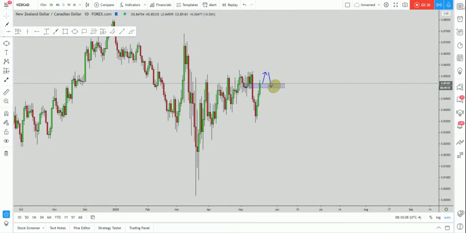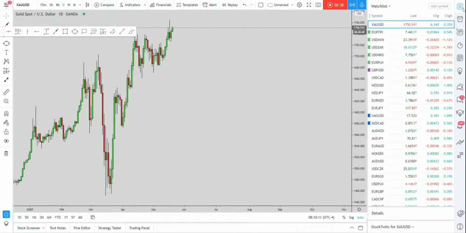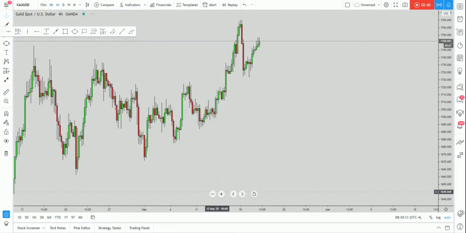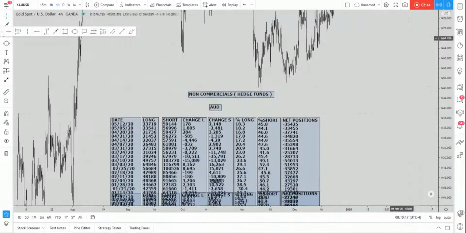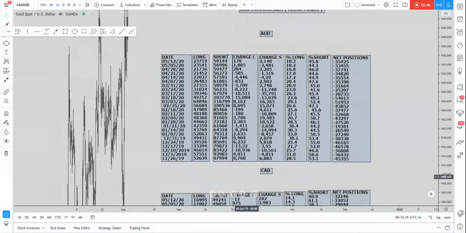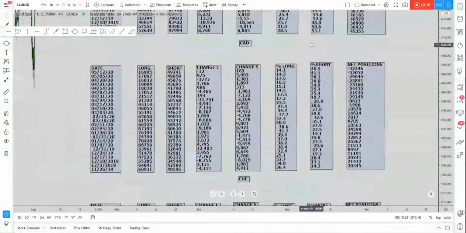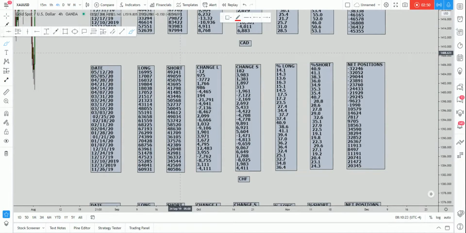Now, first of all, let's go and see what we have from a COT perspective. So what hedge funds are doing at the moment from a CAD point of view, because it's definitely interesting and I want to show you. So from a CAD perspective, what we can see with the last reports is that hedge funds have continued to add many shorts from a CAD point of view. In fact, net positions are pretty bearish.